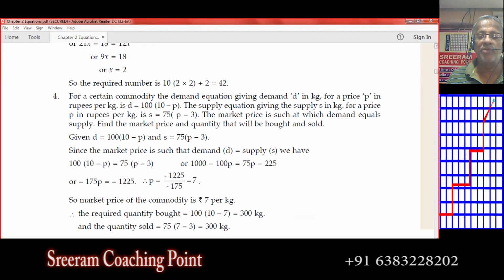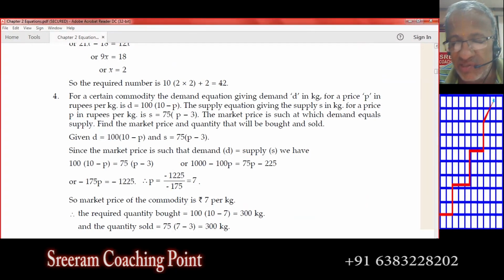For a certain commodity, the demand equation giving demand D in kilogram for a price P in rupees per kilogram is D equal to 100 into 10 minus P. The supply equation giving the supply S in kilogram for a price P in rupees per kilogram is S equal to 75 into P minus 3.